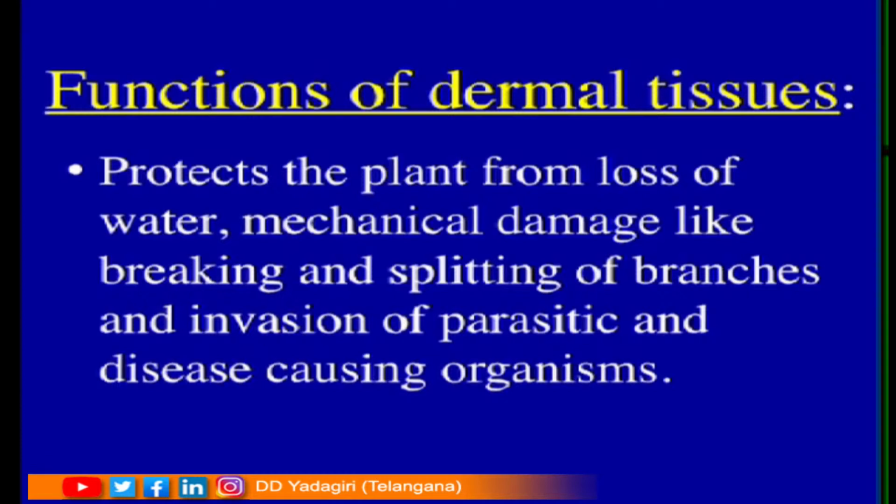This dermal tissue is also protecting from mechanical damages. That is, suppose anybody is hitting or any animal is coming and scratching over the plant. This dermal tissue is covering the body of the plant and protecting the inner cells.